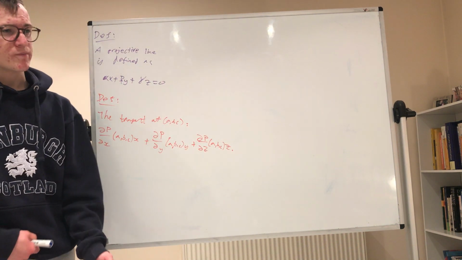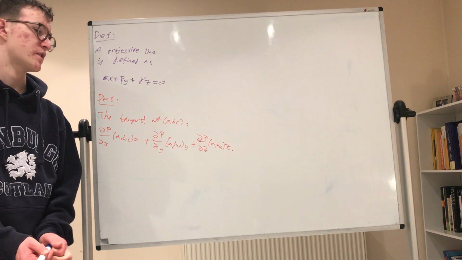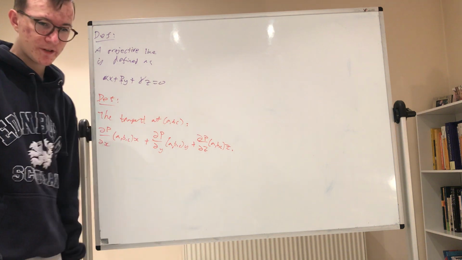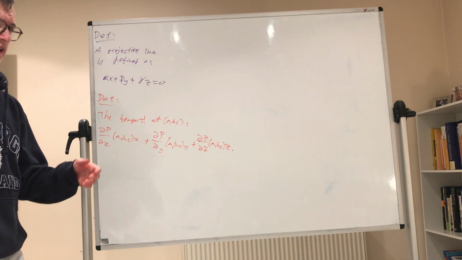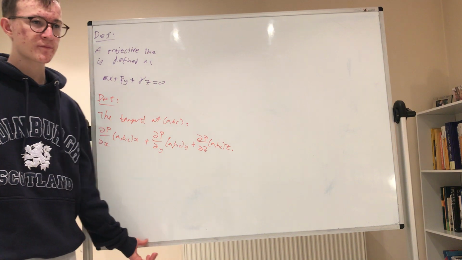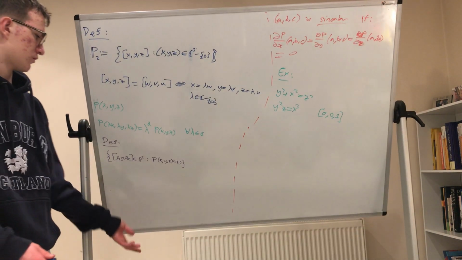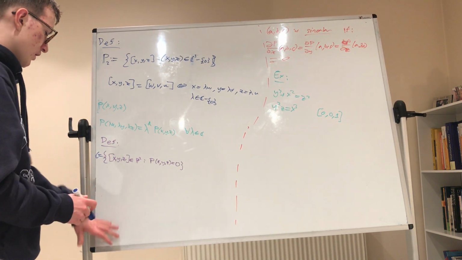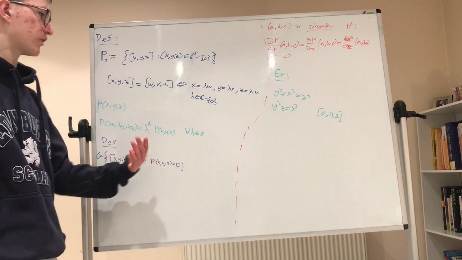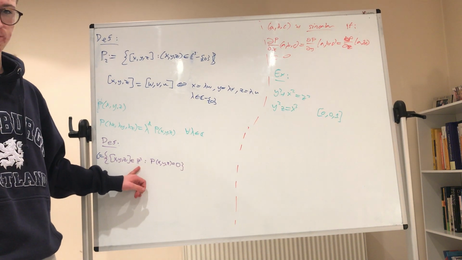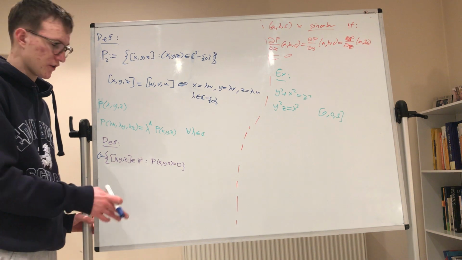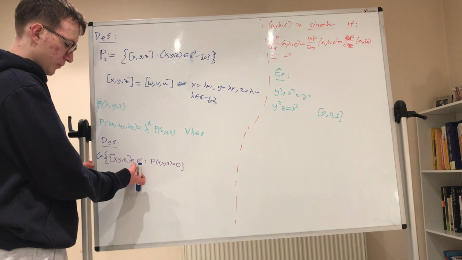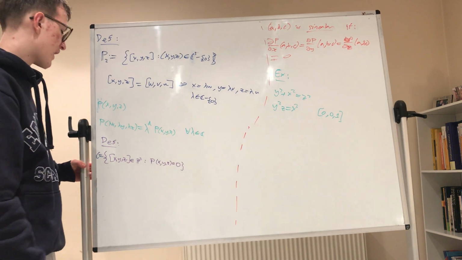An interesting side note, which I don't think will be relevant later in the series, unless I'm wrong, is that if we go back here and call this curve C, our curve C inherits the topology from our projective plane, just as a subset of the projective plane. And of course C is Hausdorff because it's a subset of a Hausdorff space, and it's compact.